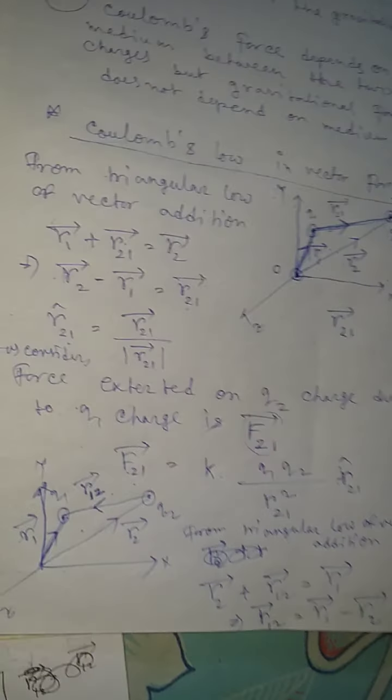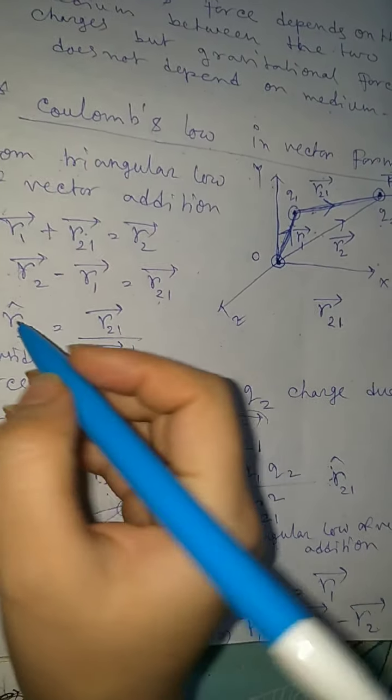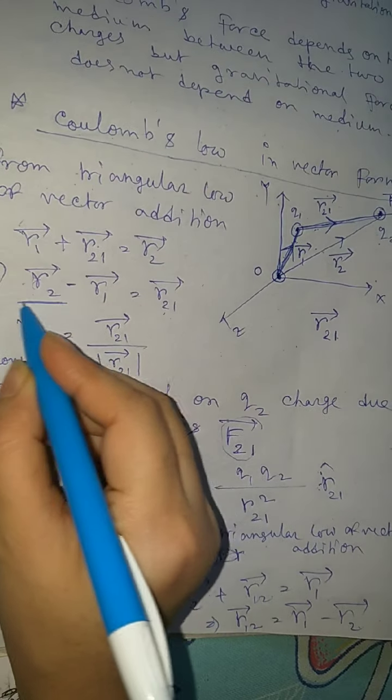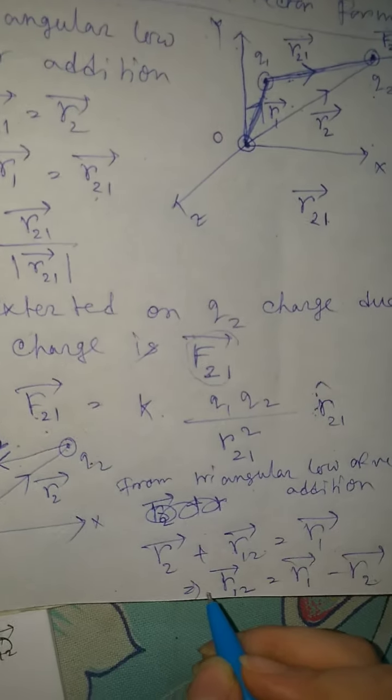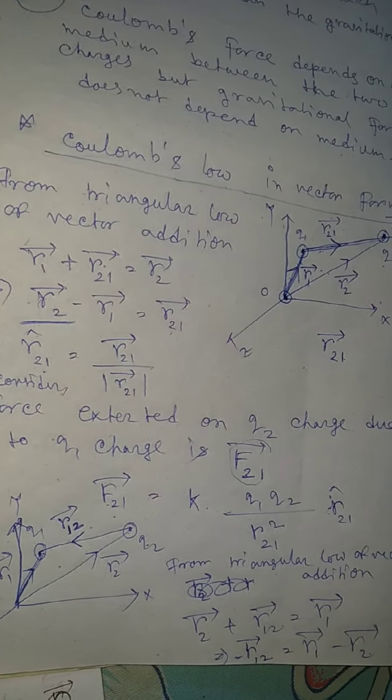Here you can see these two position vectors are in opposite direction.